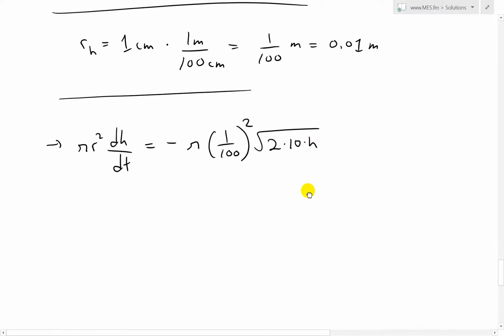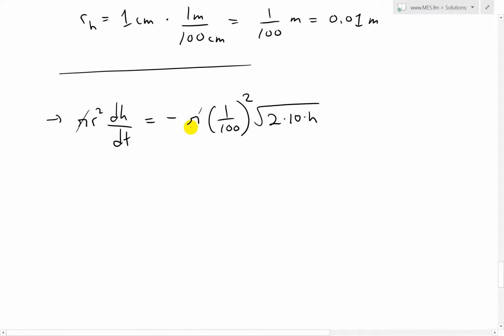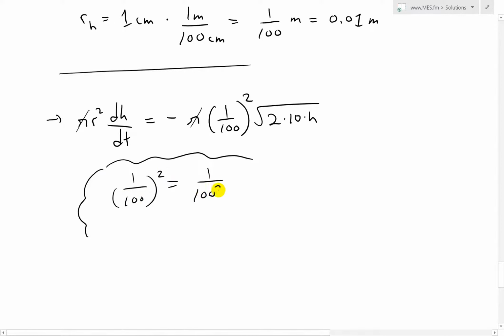The pi's cancel, and I'll multiply 1 over 100 squared on its own. That's 100 times 100 at the bottom, you just add 2 zeros, which is 10,000. This equals 1 over 10,000.